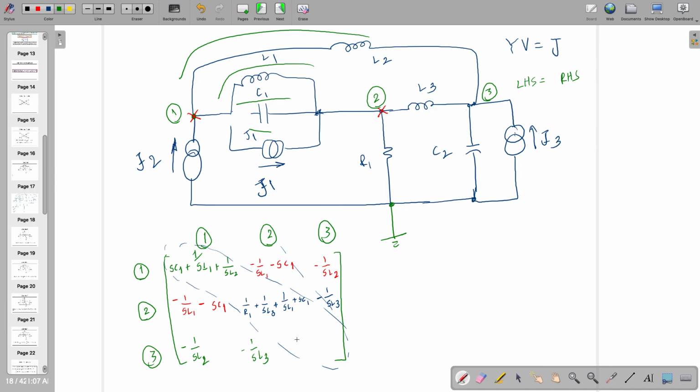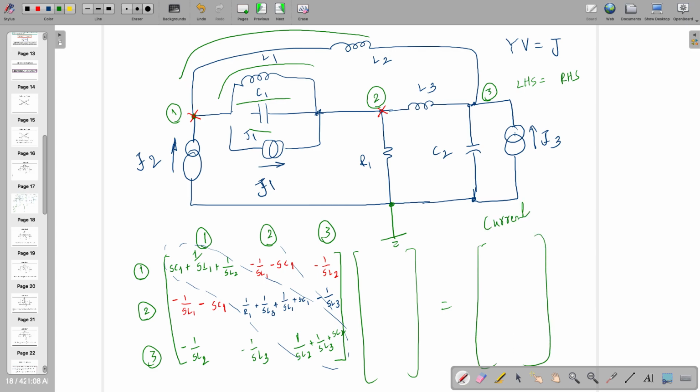Somebody: 1 by SL2 plus 1 by SL3 plus SC2, right? That's it. So times all those voltages is equal to all the currents, right?